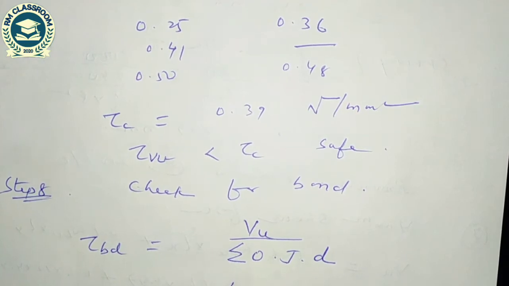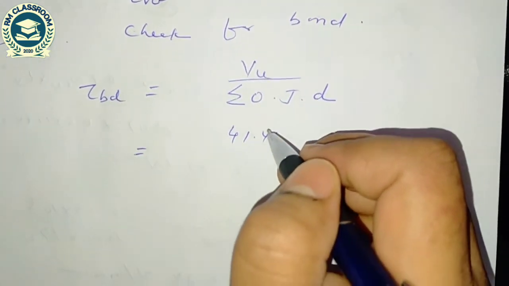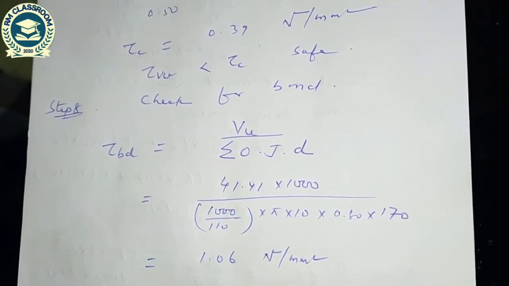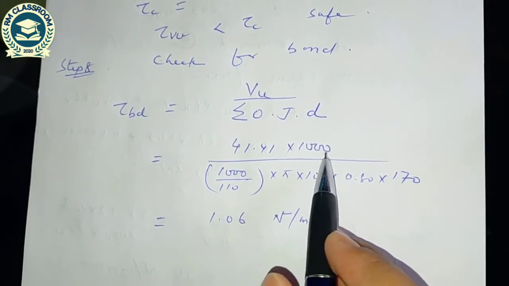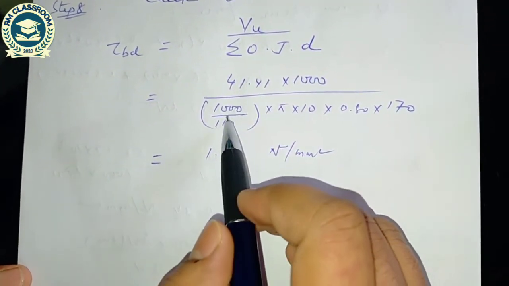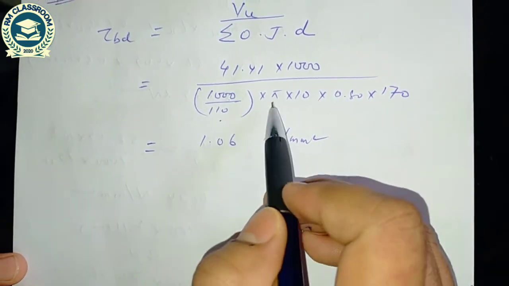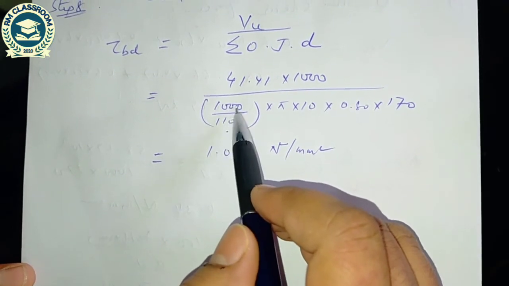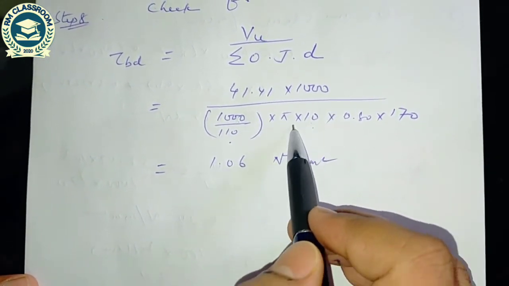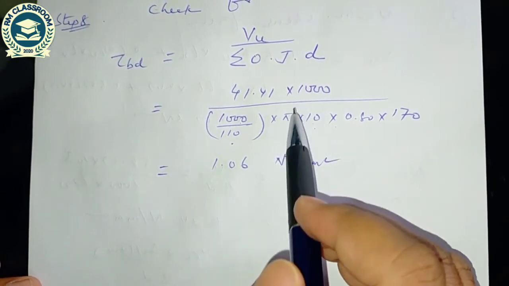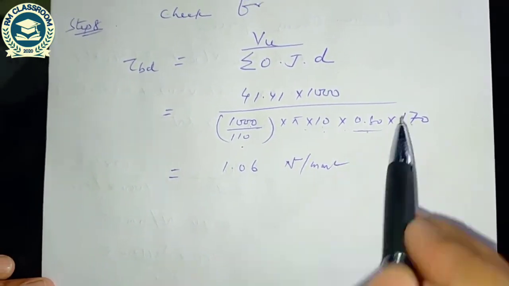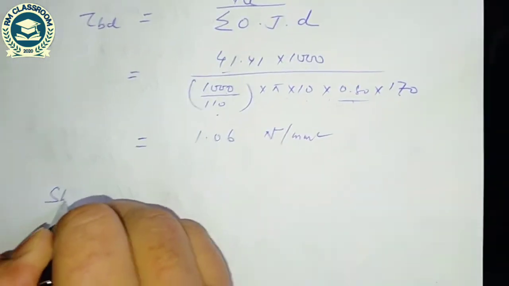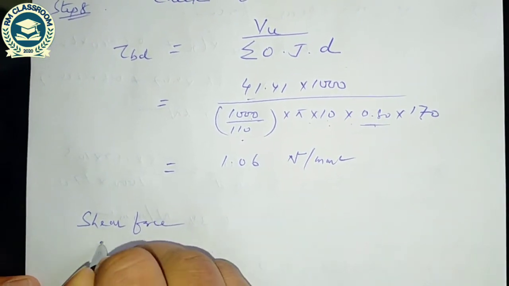So Vu is 41.41, so 41.41 into 1000, and summation of O, so 1000 spacing divided by 110, into pi into d. This is the number of bars, so n into pi into d. So pi and 10 mm diameter bars, and j is 1 minus 0.42k, so it is 0.8 into d, where 41.41 is the shear force at support.